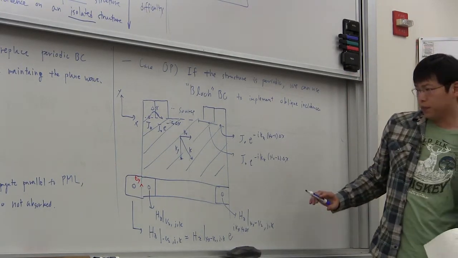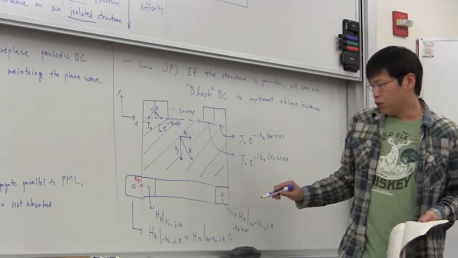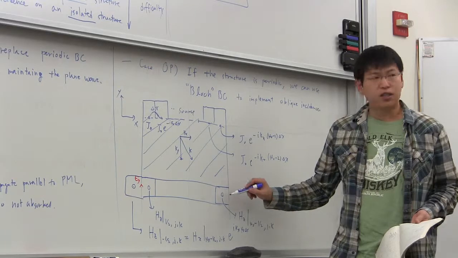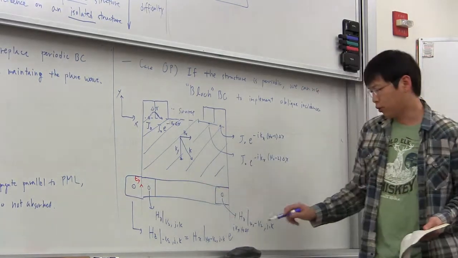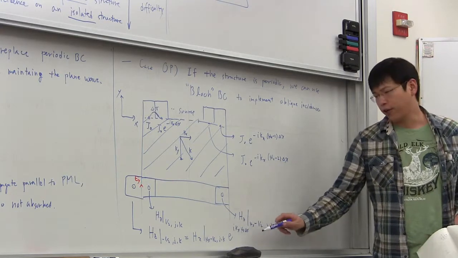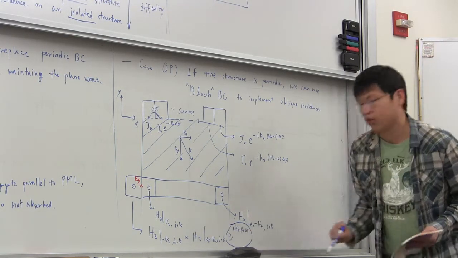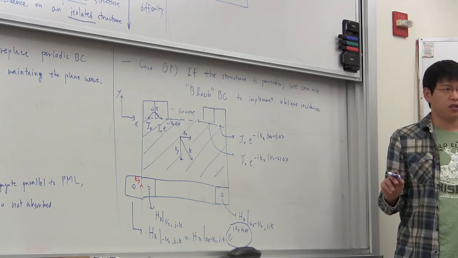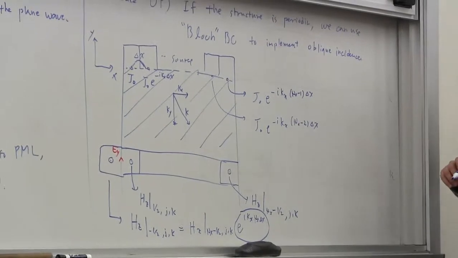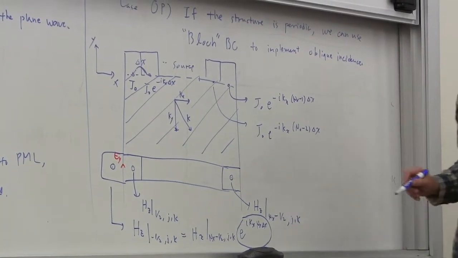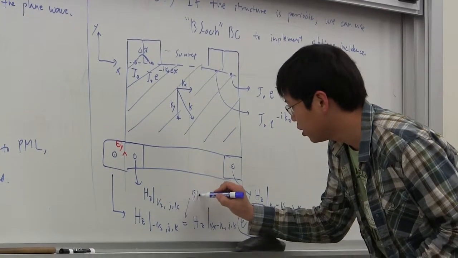So you take the field value here to evaluate the field value here, but you also take this phase advance or delay into account. That is the Bloch boundary condition. So this is Bloch.